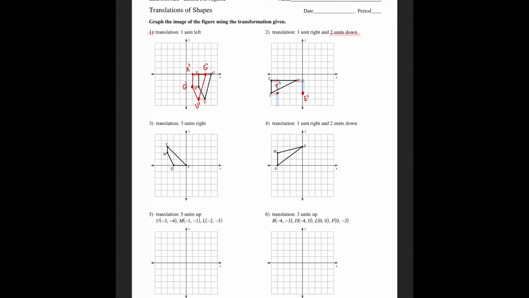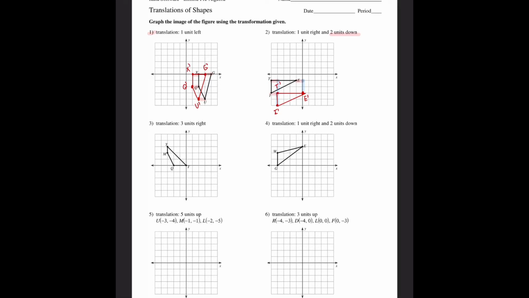It's right on the end of our graph there. That will be I prime. So connect your, wow, that was bad. Connect your lines. Mine's a little over, but okay. Now, the figure ETI, or the triangle ETI, was translated 1 unit right and 2 units down. You just do it point by point, and you should get a translated image, okay?